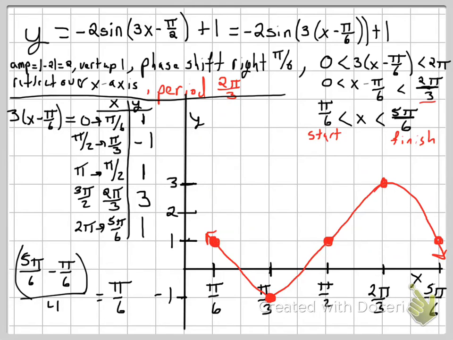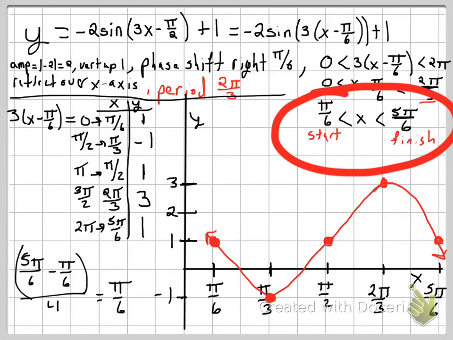And you put that argument in between 0 and 2 pi, because that's the period of the sine and the cosine. Then you'll solve for the x inside the argument. 2 pi over k is going to be your period. The left side, after you're all done solving, is going to be your start. The right side will be your end.